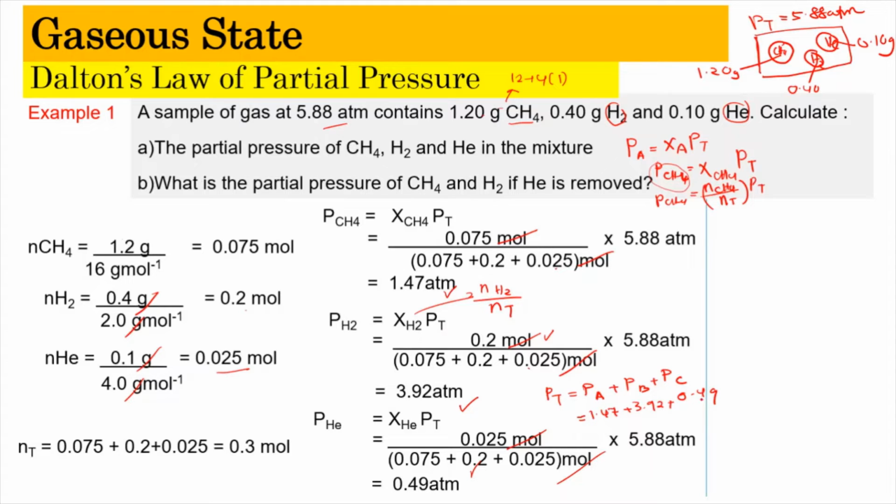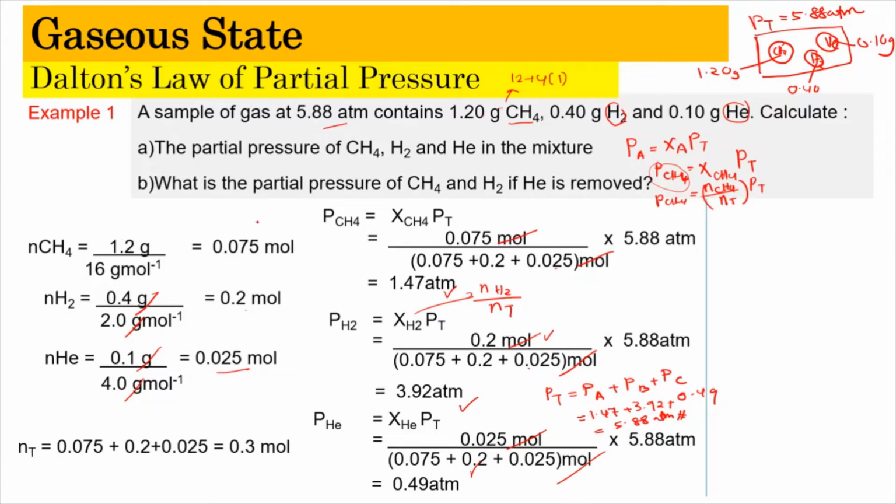So when you add up all together, what you're going to get is 5.88 atm. So you know that your answer is correct, because Dalton's law of partial pressure states that it is equal to the sum of the partial pressure of each component.